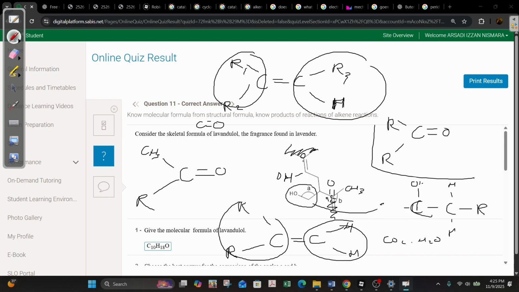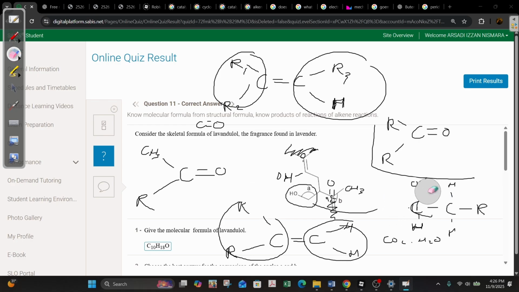Okay, so when you oxidize alcohol groups, what happens? Two hydrogens get eliminated. The first hydrogen will be from here, and then the other hydrogen will be from here, or down. It doesn't really matter. And what will be produced?